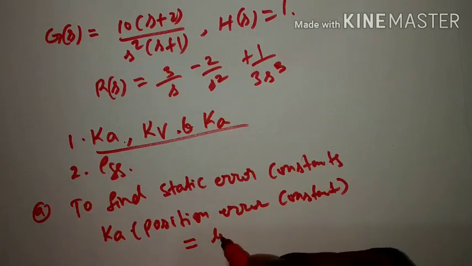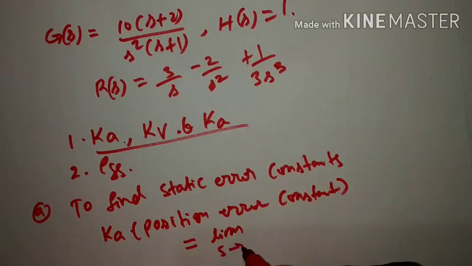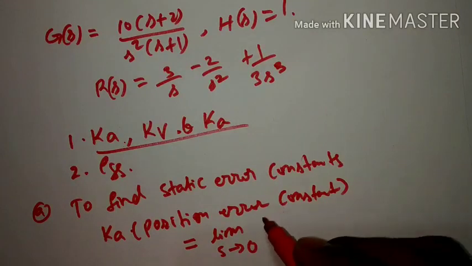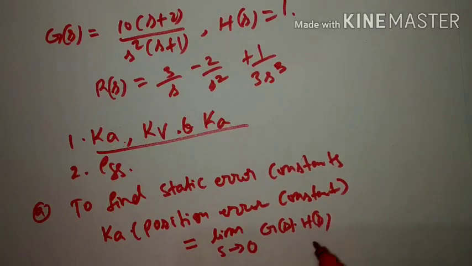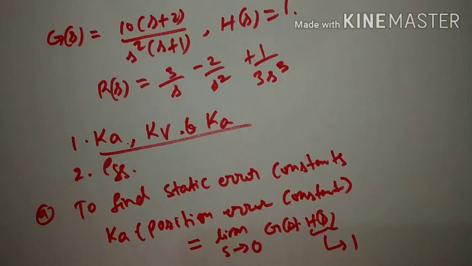So Kp is equal to limit s tends to 0 of g of s into h of s. Since h of s is unity feedback, it is limit s tends to 0 of g of s. What is g of s?